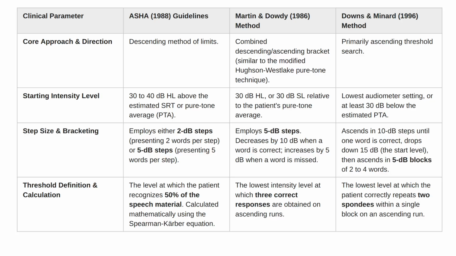Schlauch et al., 1996, demonstrated that the direction of the threshold search, ascending versus descending, significantly affects PTA-SRT agreement in patients who are feigning hearing loss. When an ascending SRT procedure was paired with a descending pure tone procedure, the PTA-SRT discrepancy was maximized at 40 dB, making functional hearing loss easier to detect.